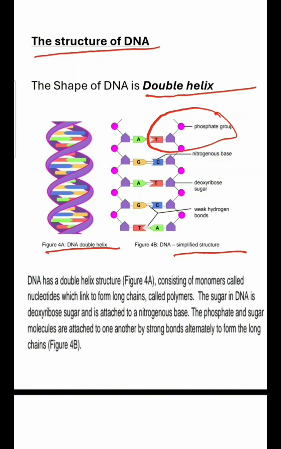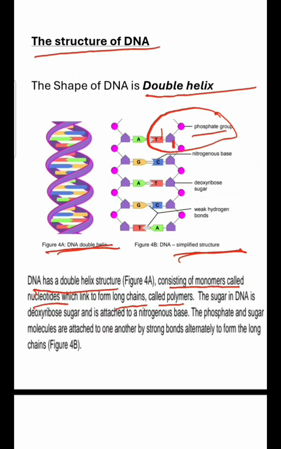This one is a phosphate group, this one is the sugar molecule, and this is the nitrogenous base. This is the simplified structure, and this one is the literal structure of the double helix. So the DNA has a double helix structure consisting of monomers, or building blocks, called nucleotides, which link to form long chains called polymers.